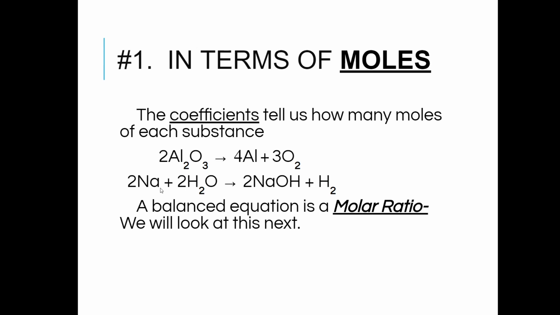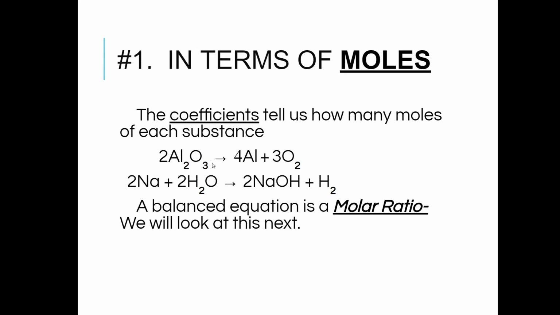Okay, and this is why we've made this balanced equation, so that we can compare the number of each particle to each other. And this ratio of aluminum oxide to aluminum is what's going to be known as our molar ratio.